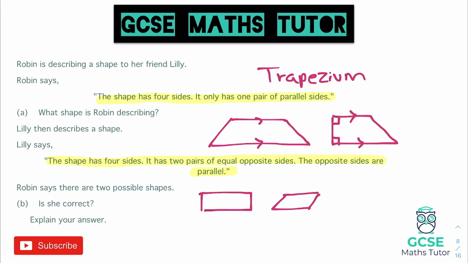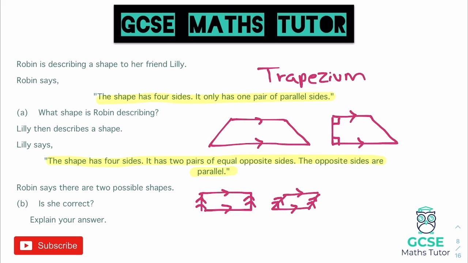Now a rectangle and a parallelogram have 2 pairs of equal opposite sides. You've got the top and the bottom on a rectangle, which are parallel, and you've also got the sides, which are equal and opposite as well. And that falls true with the parallelogram. You've got the top and the bottom, which are parallel and equal, and then you've got the sides, which are also parallel and equal.